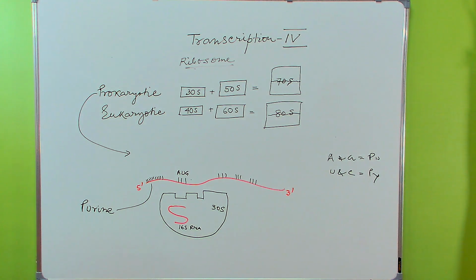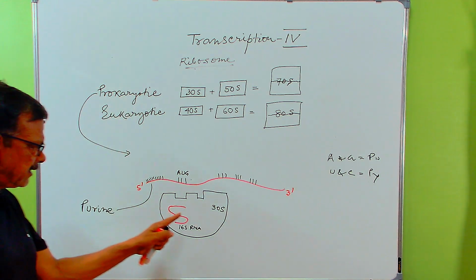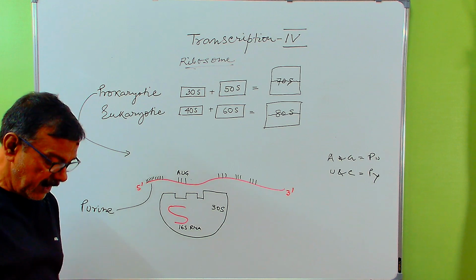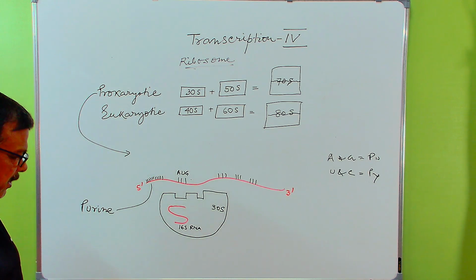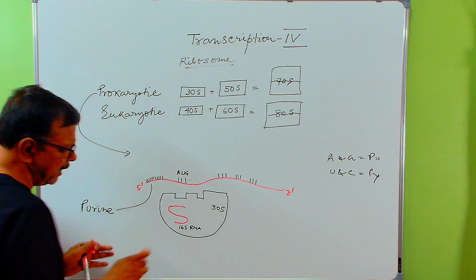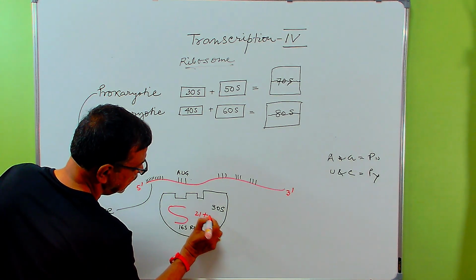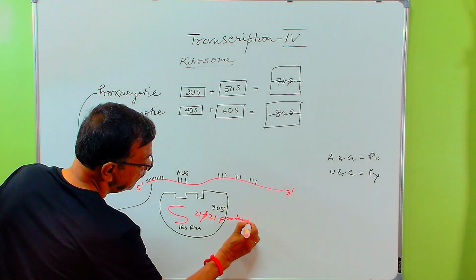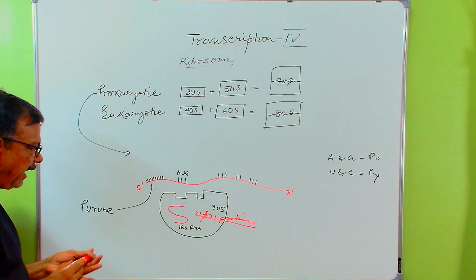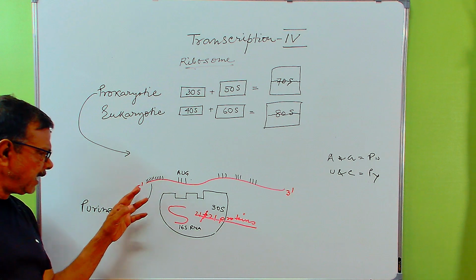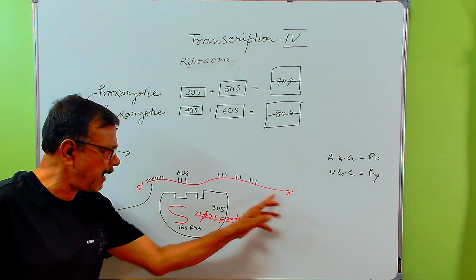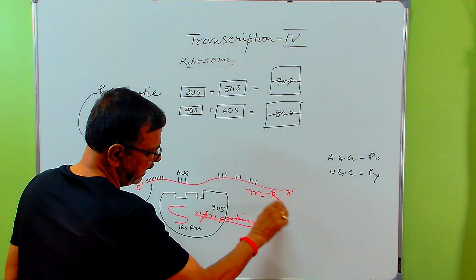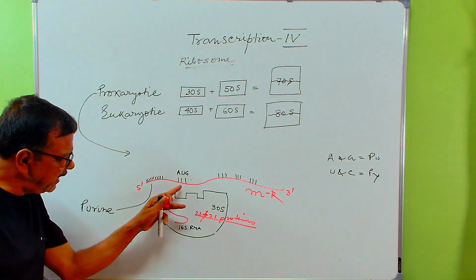So in prokaryotes, in 30S ribosome, we get a special 16S RNA along with some other protein factors, say 20 or 21 proteins take part. Now what I said, if you start reading from 5 prime to 3 prime of mRNA, you will get the initiation codon.